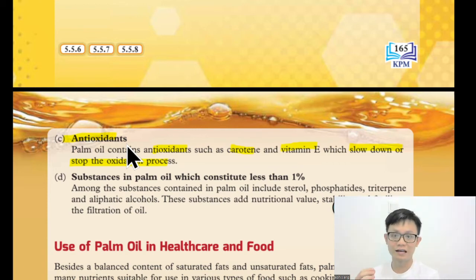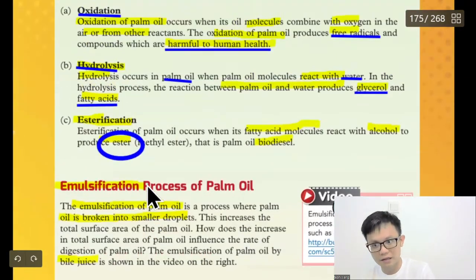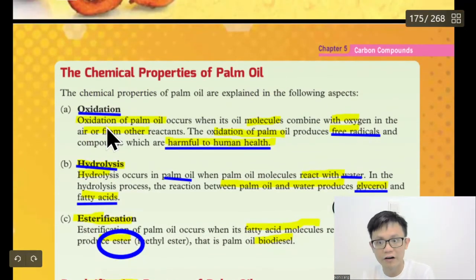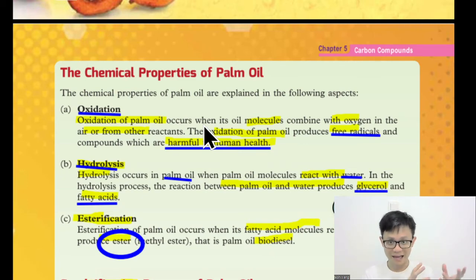So if you eat a lot of vegetables and fruit, the chance for you to get cancer is lesser. But if you eat oxidized oil, for example the fried things, McDonald's, KFC, all the fried oily things, you will get cancer.